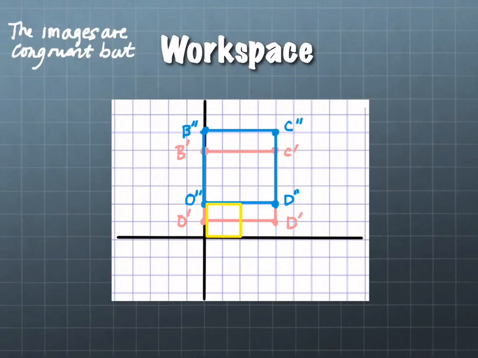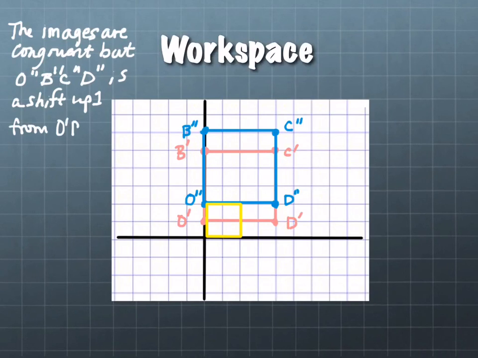But O double prime, B double prime, C double prime, D double prime is a shift up 1 from O prime, B prime, C prime, D prime. This is because the shift occurred before the dilation.